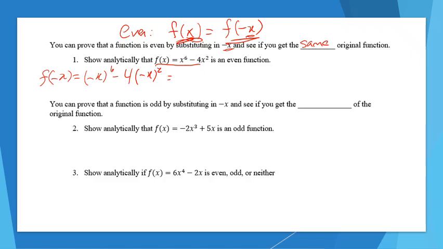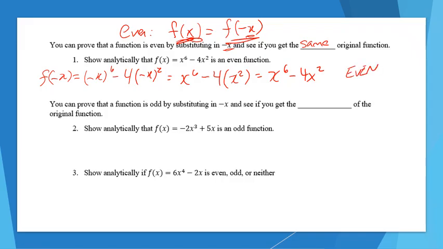This is going to be equal to x to the power of 6, because it's an even power, it's going to cancel out all those negatives, minus 4, and then (-x) squared should just be x squared, which you can almost get rid of the brackets and just rewrite that as this, which is the same original function there. And so that should work, and this function would be even.